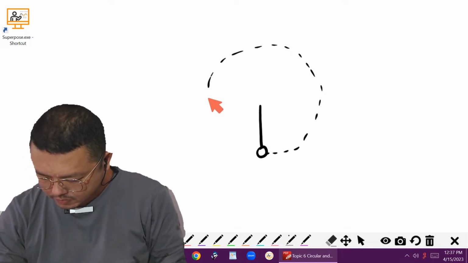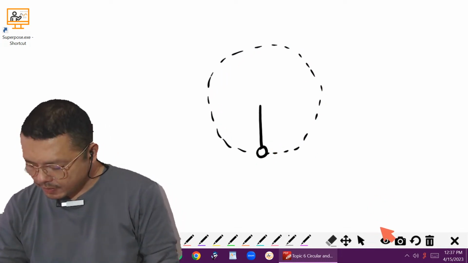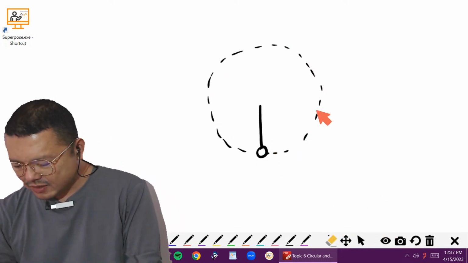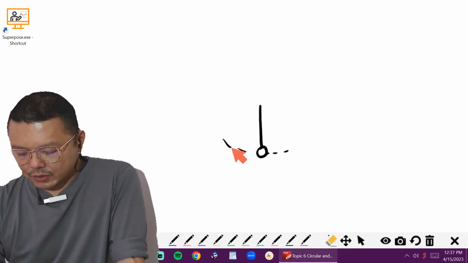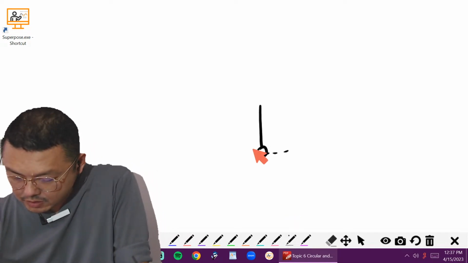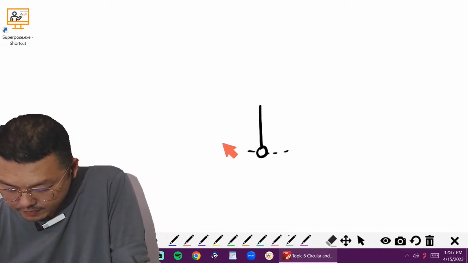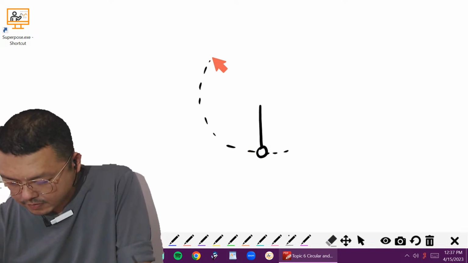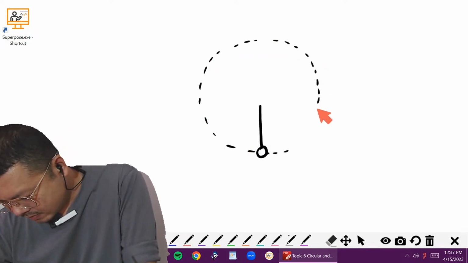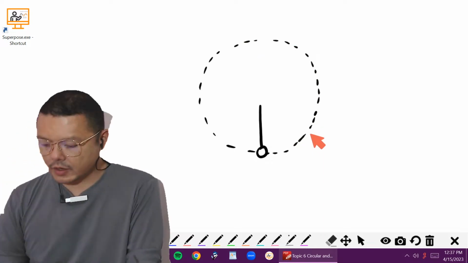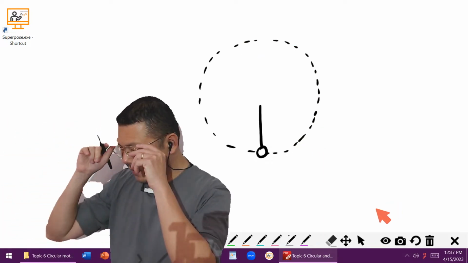Draw it a bit bigger, because my circle is not nice. Cannot do this once a year. Okay, something like that. So we have a pendulum.